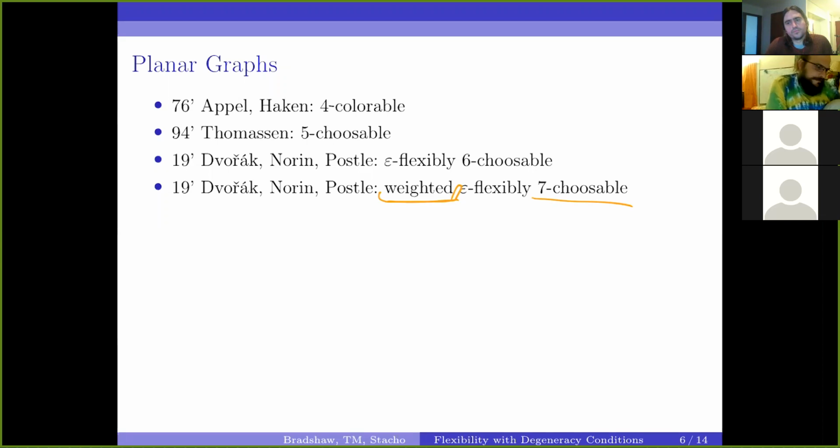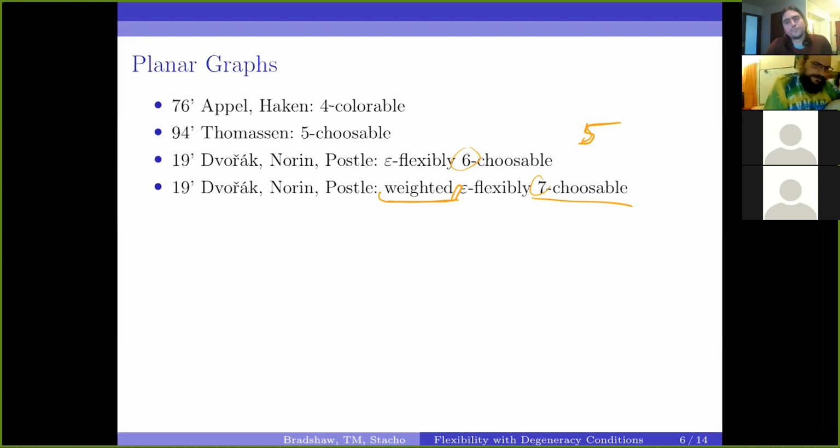But it's a big open question if you can do it better. There is no lower bound for flexibility known other than from choosability, so it can happen that those numbers are not 6 and 7, but they are 5. It's one of the main questions here.